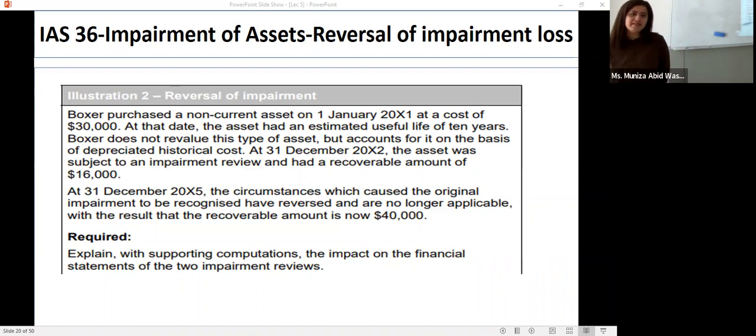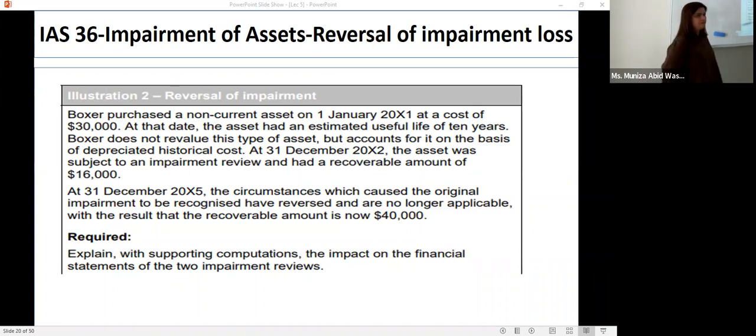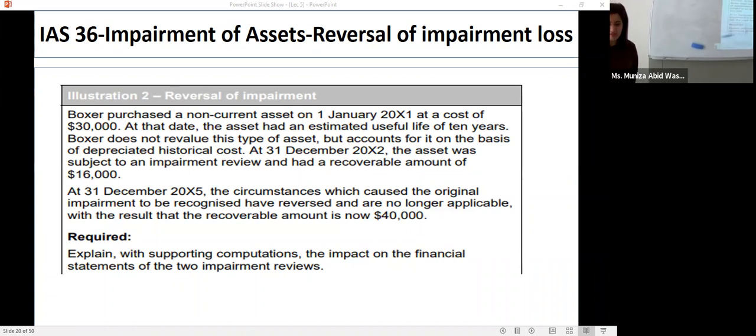So they are clearly stating that in the illustration given above, there are two impairment reviews happening. So what is going to be the impact of this impairment on the financial statements? You have to show it with supporting calculations.